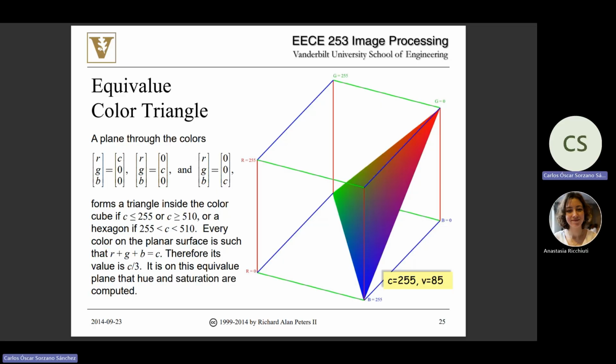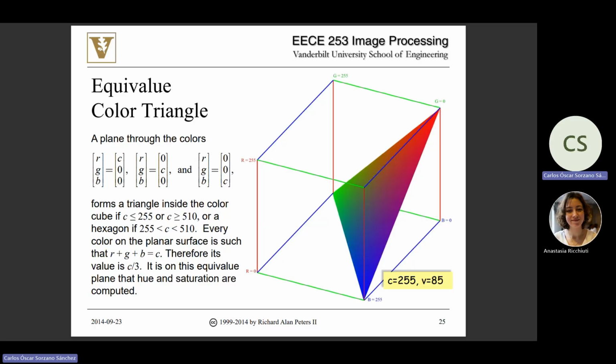So the origin is here, 0, 0, 0. This is the blue axis, the red axis, the green axis, and then the plane R plus G plus B is equal to 255. It has to go through these three corners, right? Because this corner is red, green, and blue, so it is 0, 0, 255. This one is 255, 0, 0. And this one is 0, 255, 0. So that plane has to go through those three points. Any question? No? Very good.